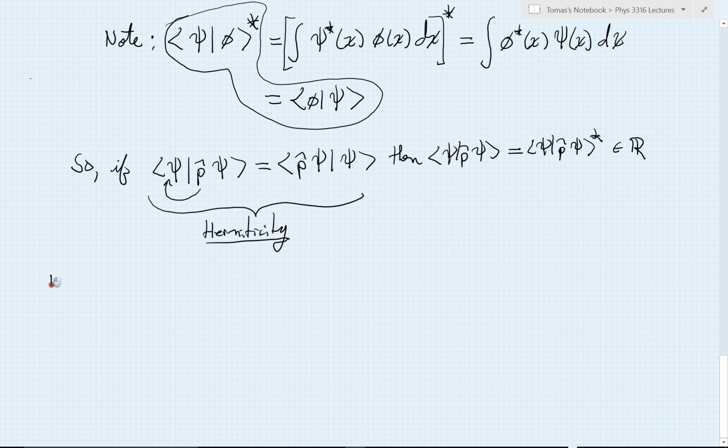So let's define this. What we're going to say for hermiticity in our definition is as follows. So there's a definition.